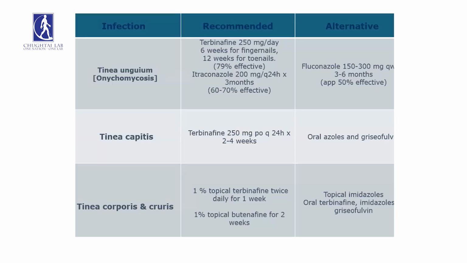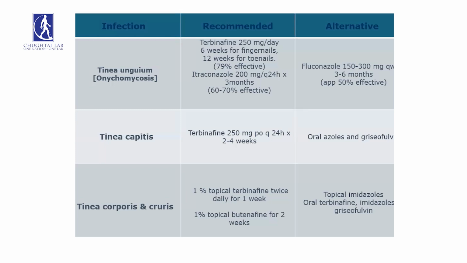For tinea unguium or onychomycosis, treatment is only oral and it is recommended for 6 weeks if only fingernails are infected, or if toenails are infected, oral treatment with terbinafine is recommended for 12 weeks. Even after such prolonged treatment of 12 weeks, it is only effective in approximately 79% of the cases.